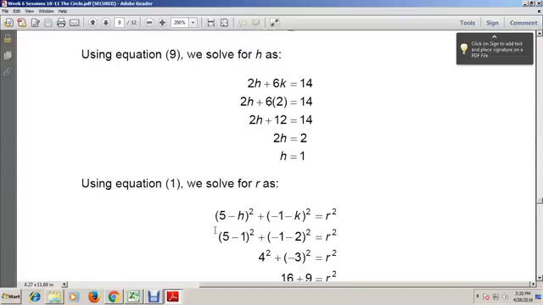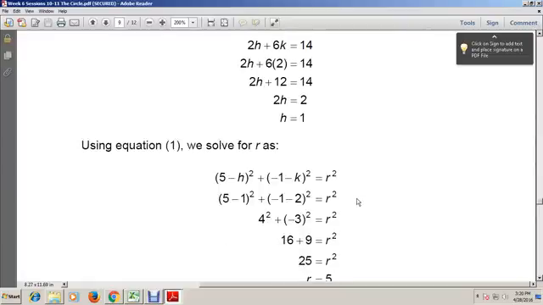So therefore, we can now solve for the radius of the circle given the center of the circle. If we're going to make use of one of the original equations, what was chosen here is equation number 1. So solving for r, we have (5 minus h) squared plus (negative 1 minus k) squared is equal to r squared.